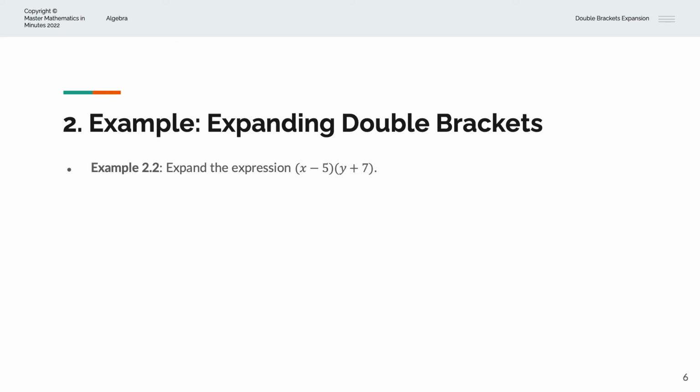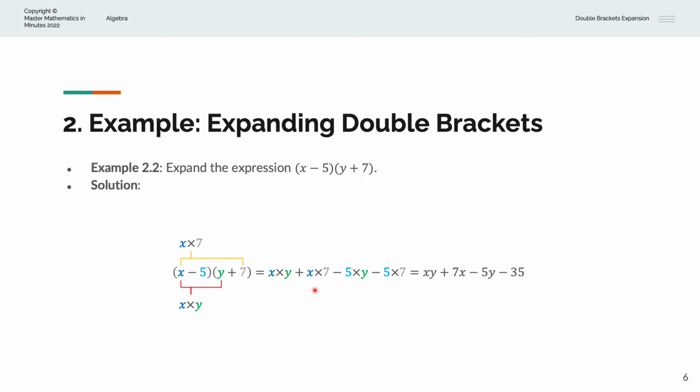In the second example, we're asked to expand the expression x minus 5 multiplied by y plus 7. The first step is to multiply x and y, and that gives us the first term on the right hand side. The second step is to multiply x by 7, and that gives us the second term. And the third step is where we'll need to multiply minus 5 by y. Remember, you'll need to carry across the minus signs when you expand the brackets.